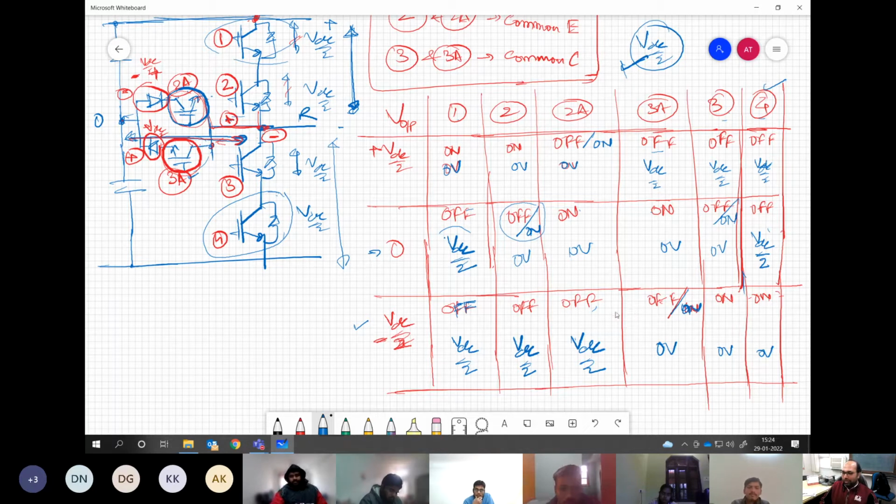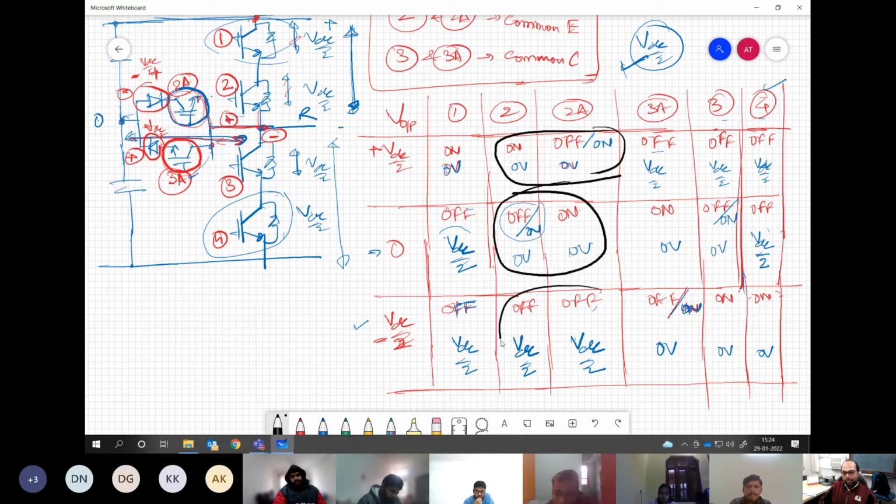Now let us simplify what conclusion I am trying to draw from this table. Now see a little bit carefully. 2 and 2A are having very similar operation always. Do you see this? We have the option for 2A, whether we can keep it on or off. So let's say we have it on, then these two are operating together and the voltage drop is also the same, and the emitter, that means one terminal, is common between the two.